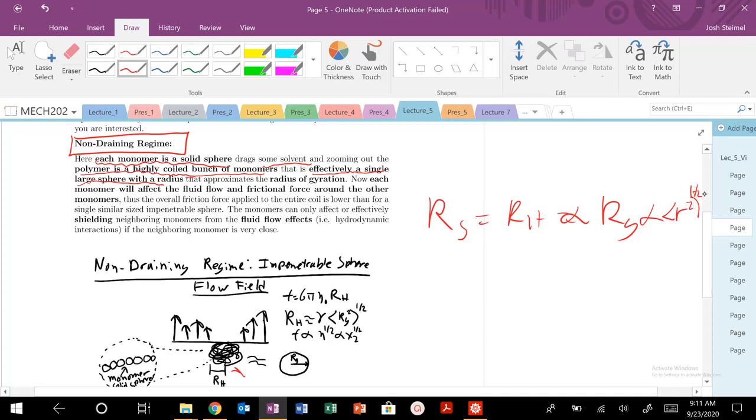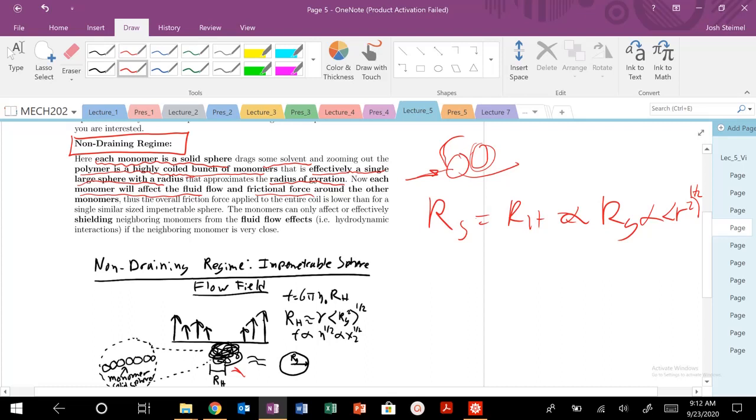It's proportional, and we don't care about the prefactors. It approximates the radius of gyration. Each monomer affects the fluid flow and the frictional force around the other monomers. Because they're so tightly compact, you could think of a sphere here and another sphere right behind it. The fluid flow is going to be shielded by the first one; it goes around, and it's not even going to touch that monomer unit because we're so highly compact.